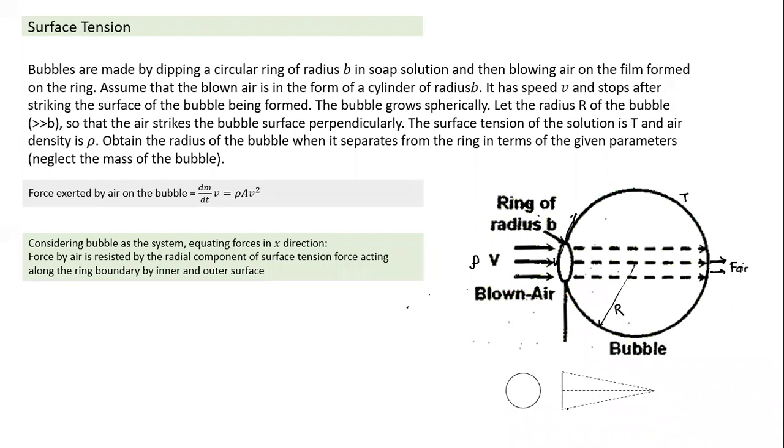If I look from the side, the ring looks like this, and this is R here, and this is b here. How would the surface tension act? Perpendicular. So in which direction will surface tension act, like this? All along the ring, if this angle is theta from the horizontal radial vector, this surface tension force will make an angle theta from the vertical.